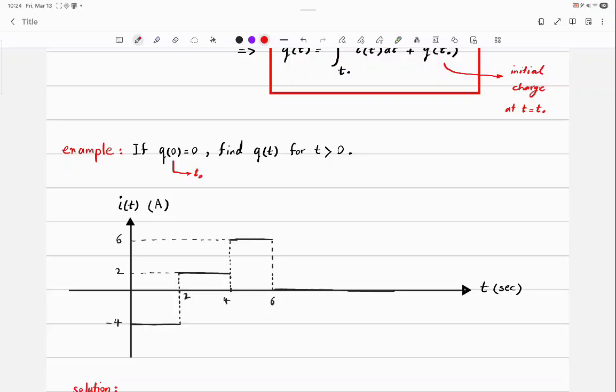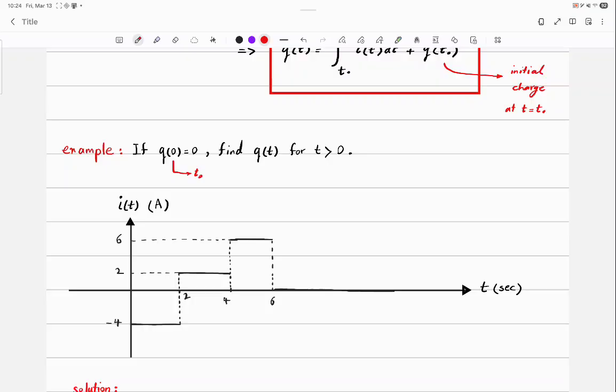What's the difference between these two? Can someone tell? What's the difference between these two methods? You just replaced t with 2. Okay. What is -4t and what is -8?